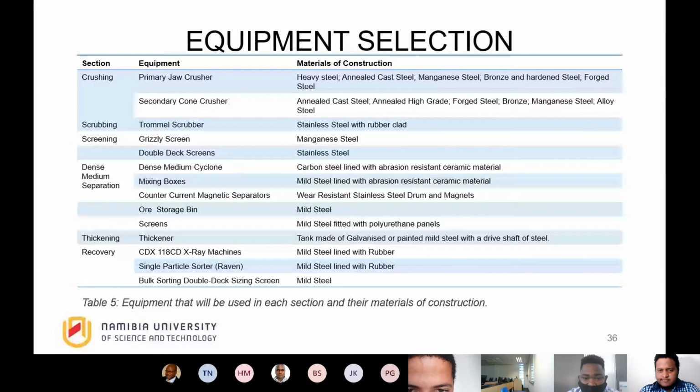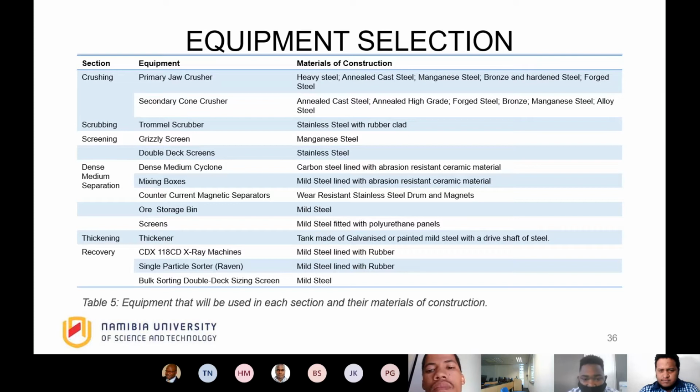The countercurrent magnetic separators will have a wear resistant stainless steel drum and magnets. The ore storage bin, and it's the same bins that will be used for the recovery side as well, will be made of mild steel, while the screens in your DMS circuit will also be made of mild steel fitted with polyurethane panels.